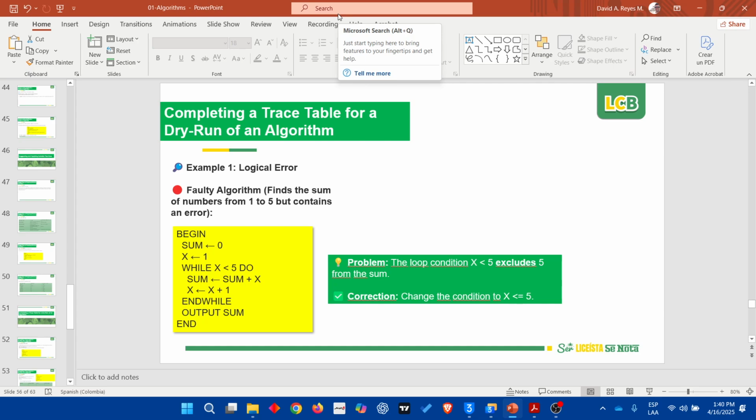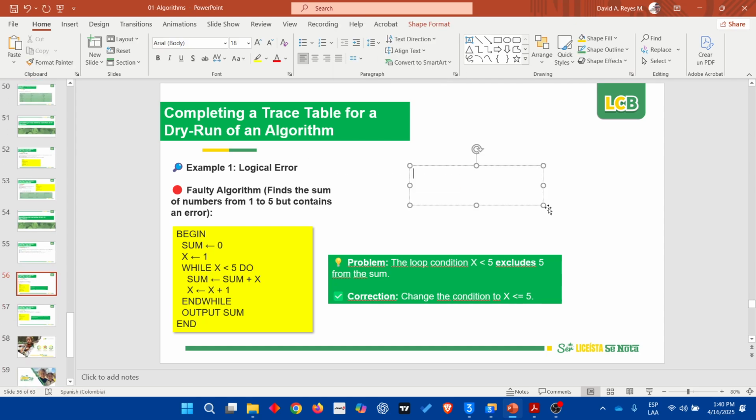Because it's going to show you the adding of 1 plus 2 plus 3 plus 4, no more. Why? Because here you are using this conditional, x less than 5.